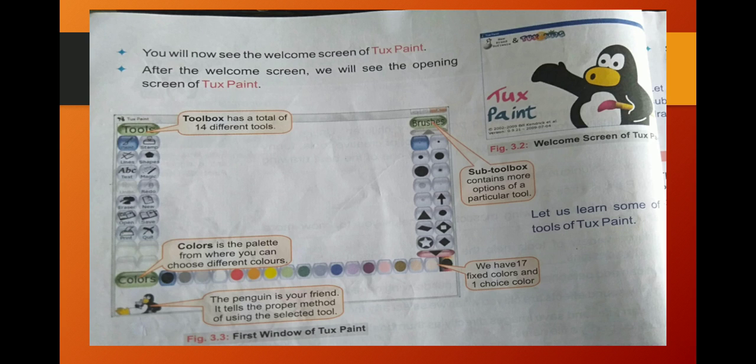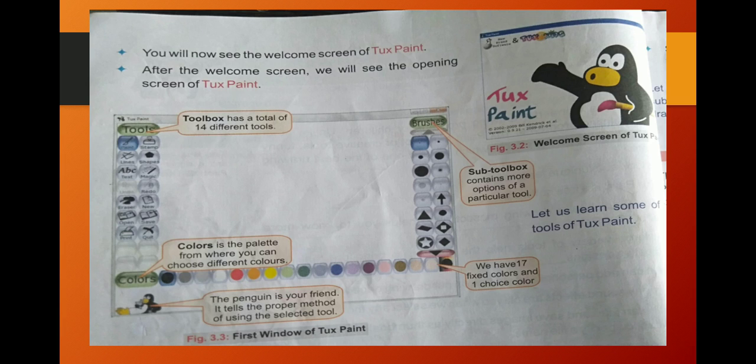This is a sub toolbox, contains more options of a particular tool. Here different brush shapes are given. We have 17 fixed colors and 1 choice color.